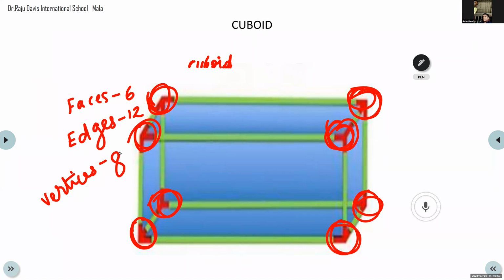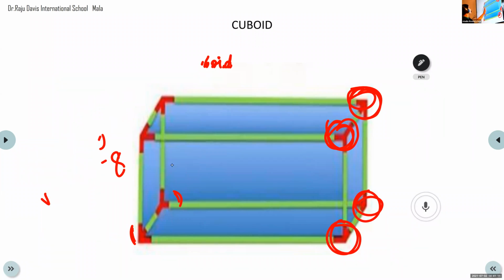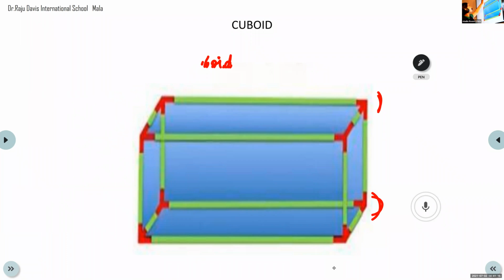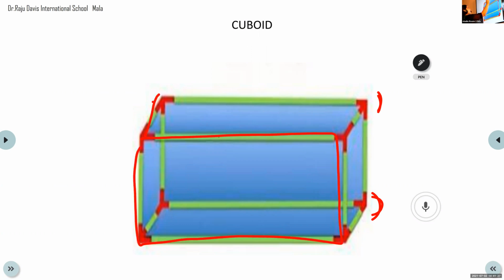Now, Ishan, please unmute. Yes, ma'am. Now, what is the shape of faces of a cuboid? No, I am asking what is the shape of faces of a cuboid?